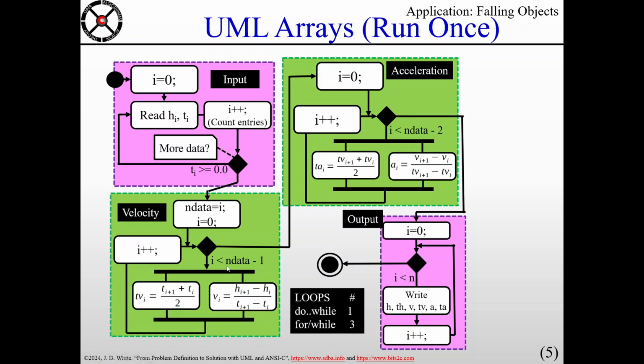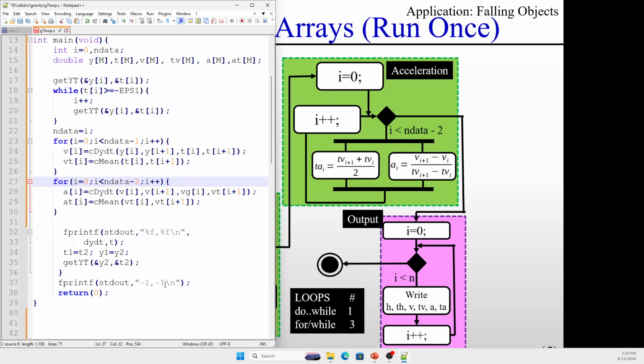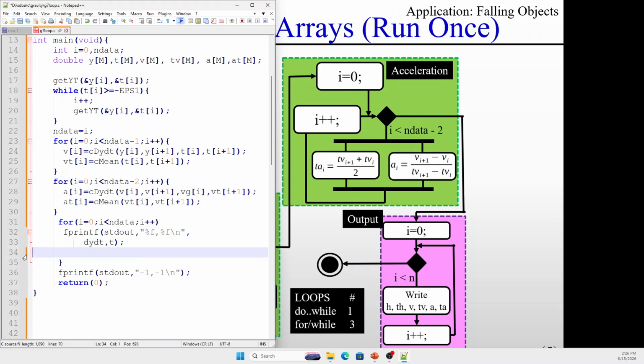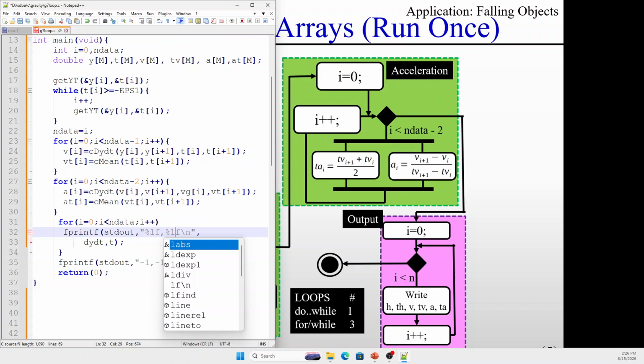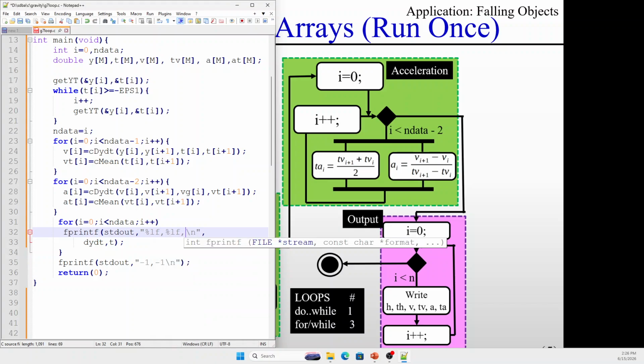Okay, oops, I shouldn't do that. So the output is going to be another for loop, less than ndata. And forget all this stuff, just fprintf, %lf, %lf, %lf, %lf, %lf, %lf, comma separated.